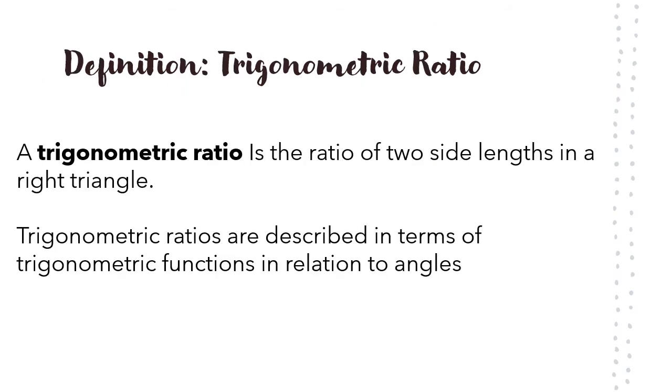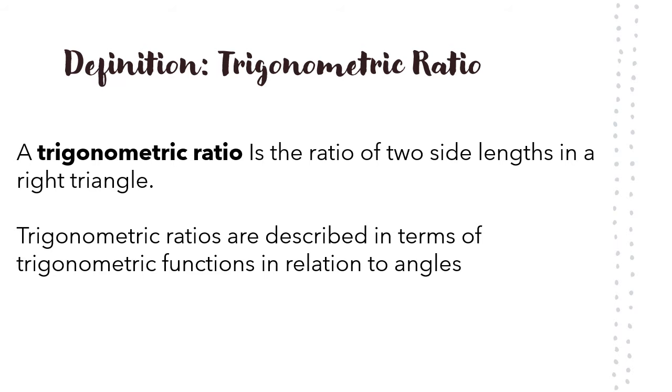This brings us to the main point of this lesson, which is a trigonometric ratio. And we've been talking about one specific one so far, which we'll get to in a minute. But a trigonometric ratio is the ratio of two side lengths in a right triangle. Trigonometric ratios are described in terms of trigonometric functions in relation to angles.